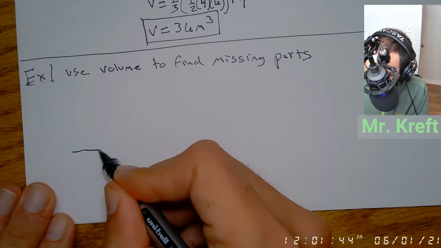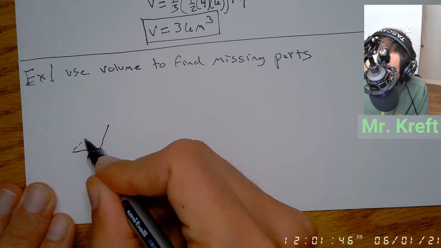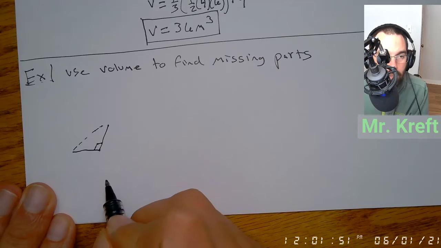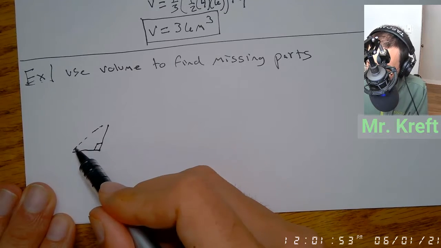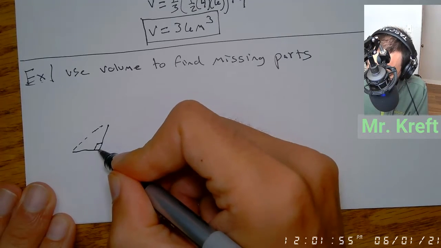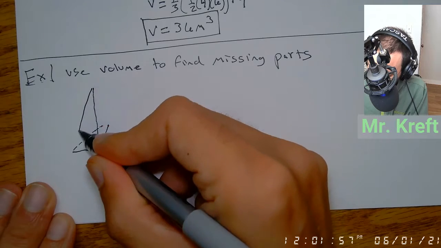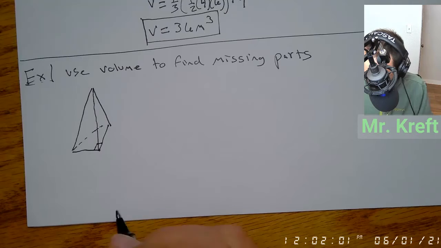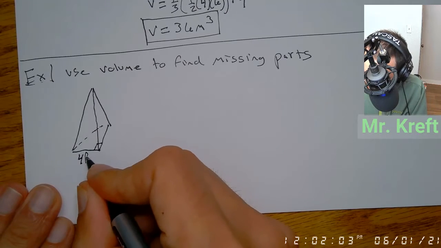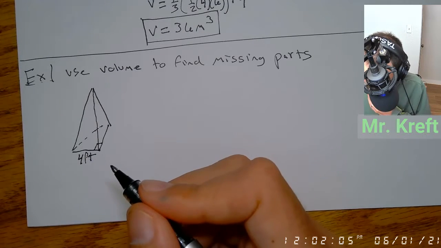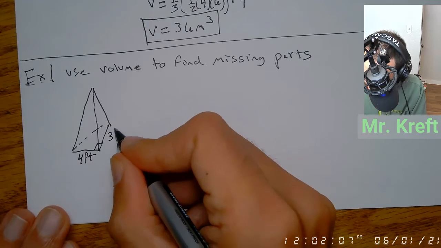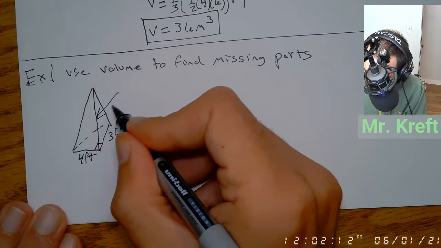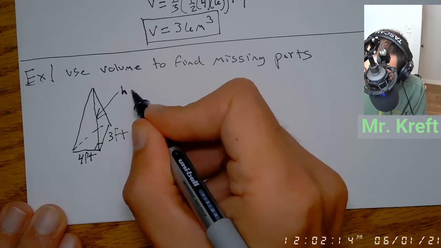So I'm going to go boom, boom, and then dotted line. So I'm making a right triangle like that, and then I'm making the hypotenuse like this, and then I'm going to go straight up like that. And I'm going to label this, so I'm going to say this is 4 feet. I'm going to say this is 3 feet. And I'm going to say that's the height.